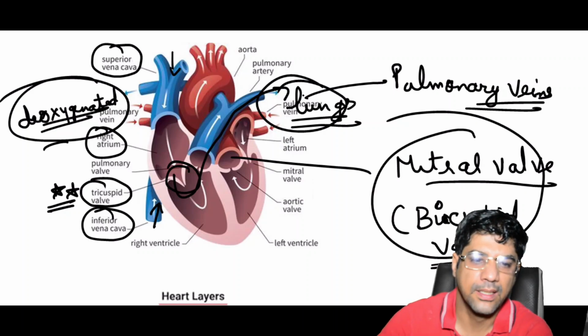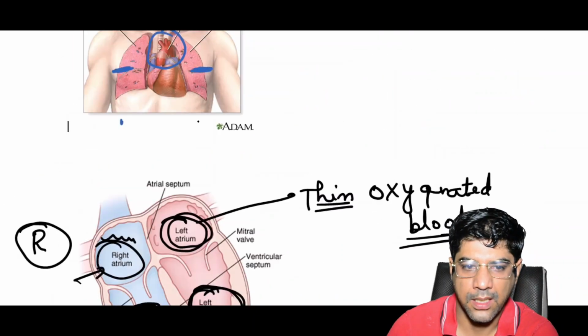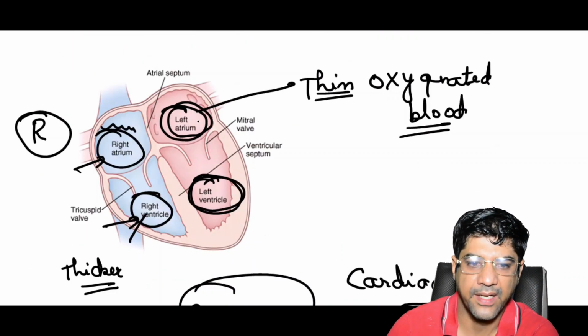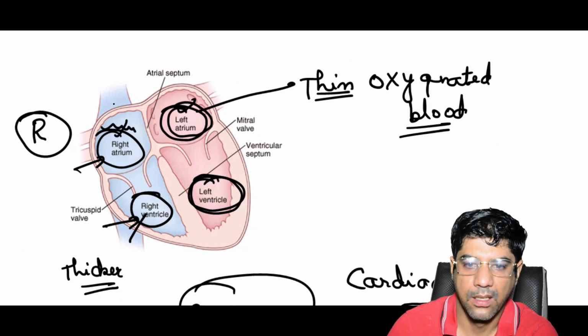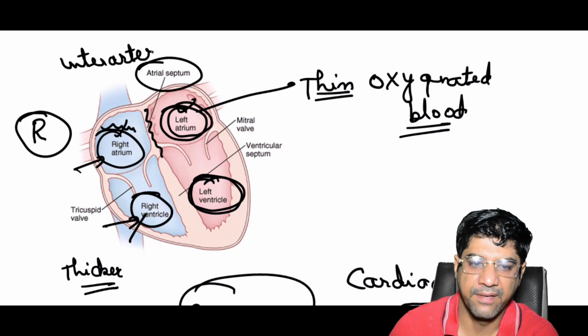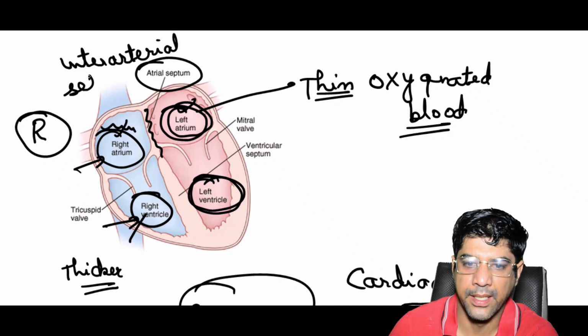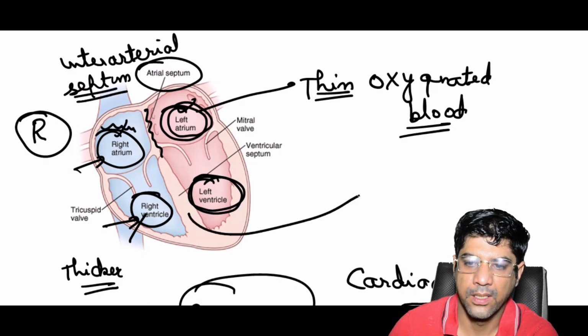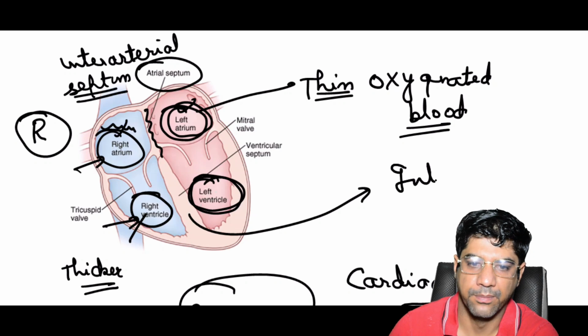Apart from that, there are septa. The right atrium and left atrium are separated by the interatrial septum, and the right and left ventricles are separated by the interventricular septum.